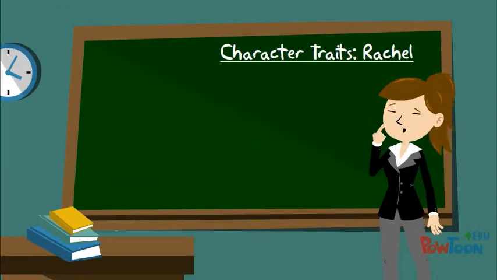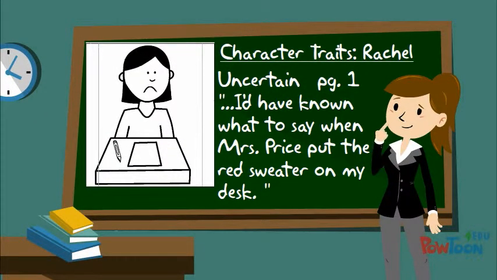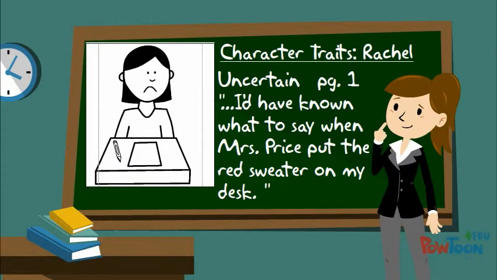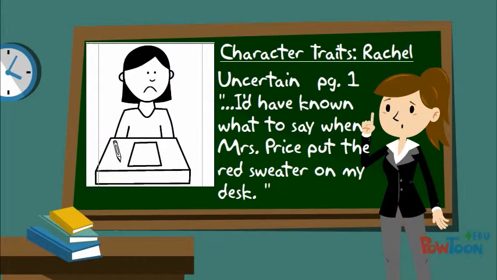Let's look at Rachel from the story "Eleven." I could say that Rachel is uncertain. That is her character trait. The text evidence that I have is from page 1, where it says, "I'd have known what to say when Mrs. Price put the sweater on my desk." When Rachel says that she doesn't know what to say, that tells me that she is uncertain.